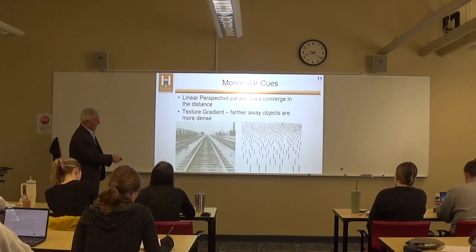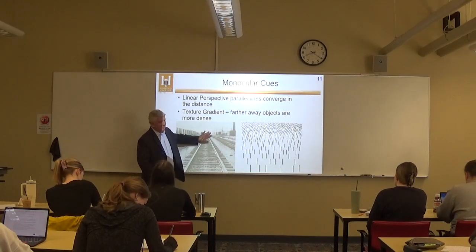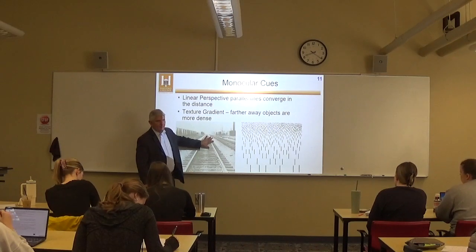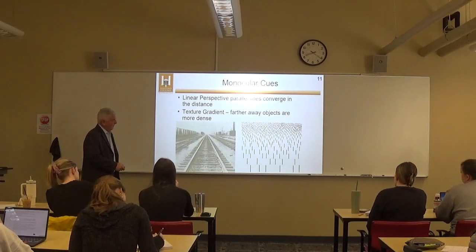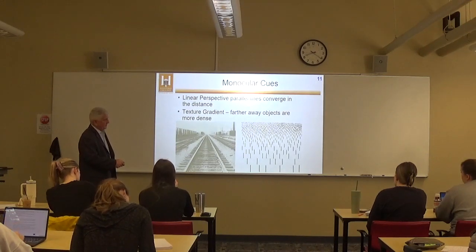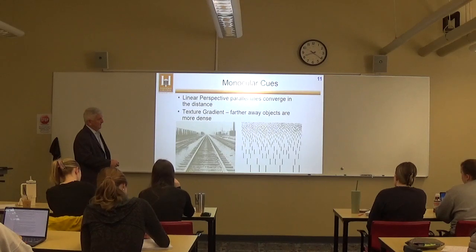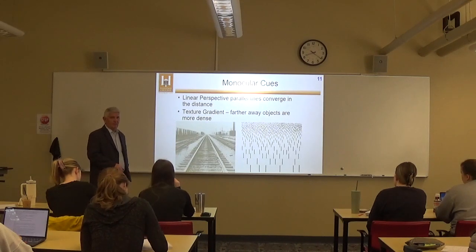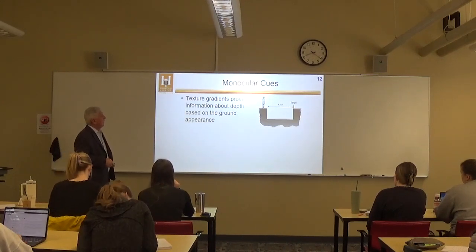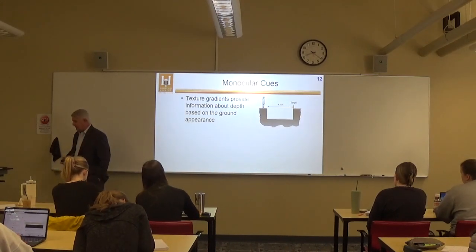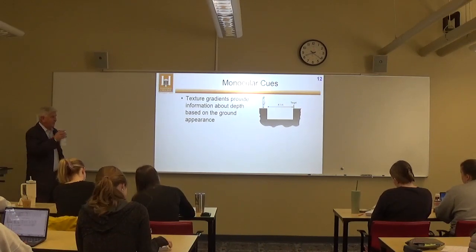Right? I mean, an actual photograph here, right, of something with depth, as opposed to something someone has drawn. Again, here, the denser these become and the smaller they become, as they approach what appears to be a horizon, they appear further away. All right. Texture gradients are important. They provide us information about how far away something is.